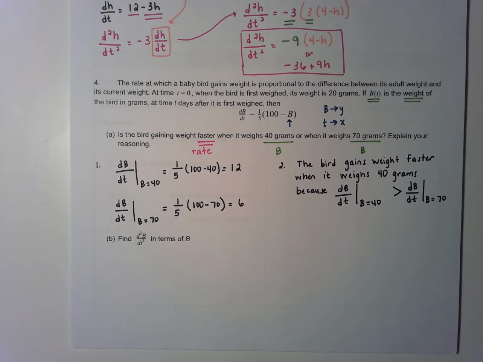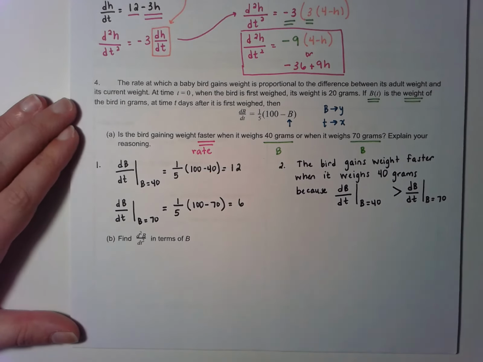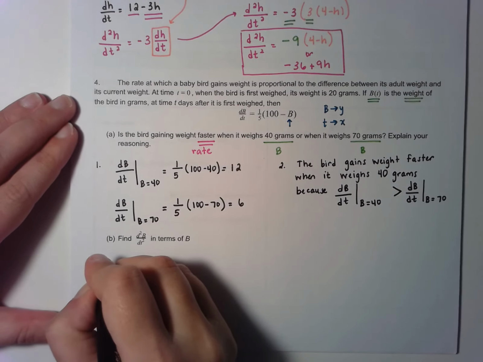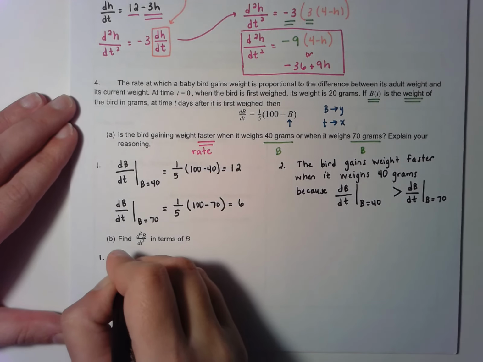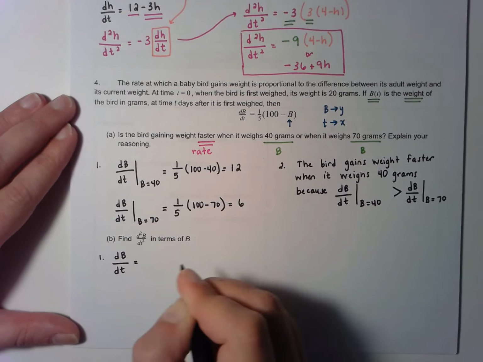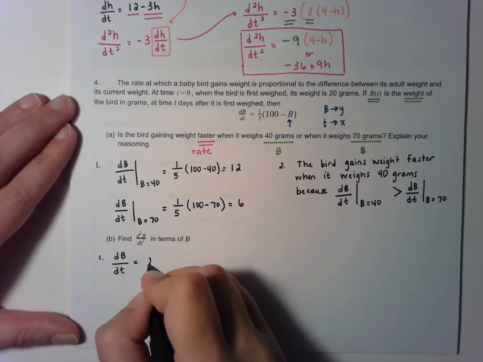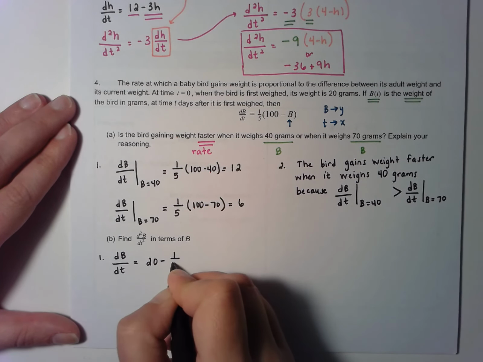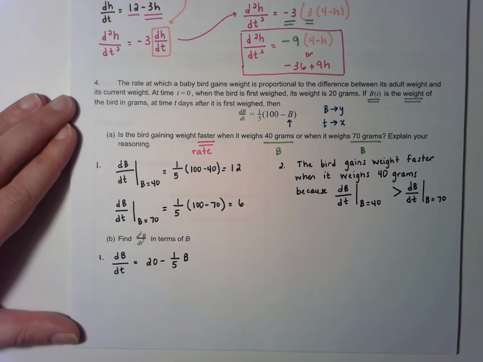The second part of this question says, find the second derivative. Now, this is where recognizing that b is acting like a y and is not isolated is going to be really important. So the second derivative here, I can make my life a little bit easier by distributing. Just like in problem number 3 up at the top, I'm going to distribute here, and 1/5 times 100 is 20 minus 1/5 b.